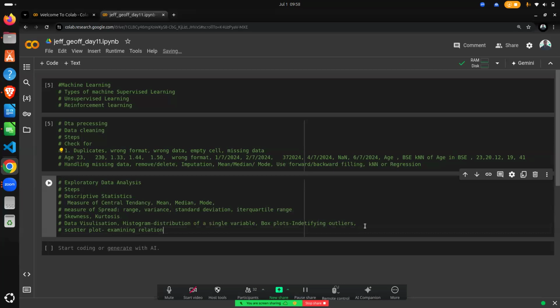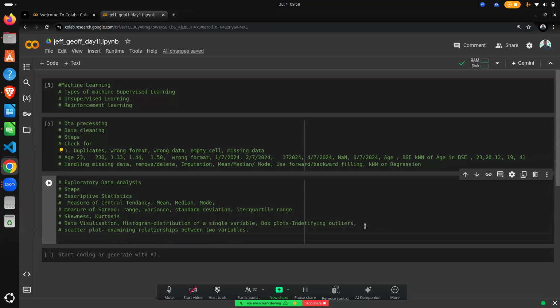It is to examine the relationships between two variables. Are we together? So that's why you use the scatter plot.